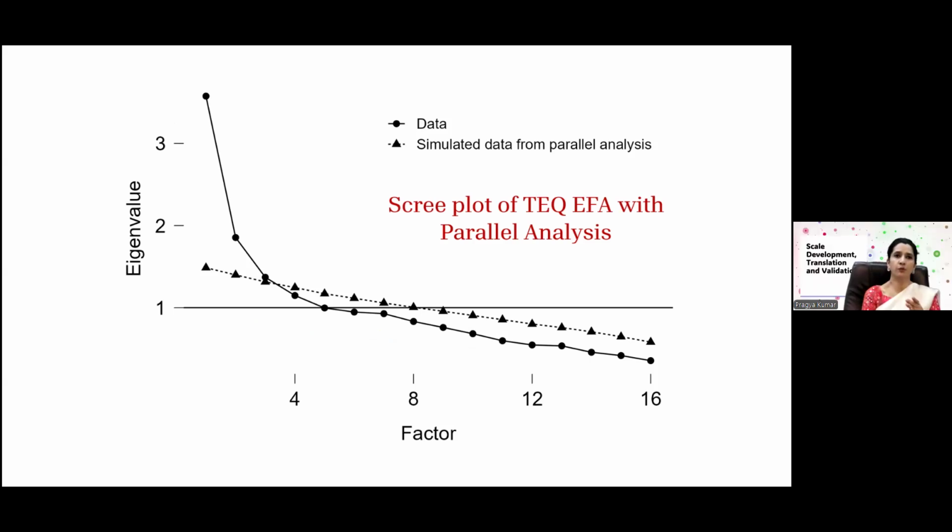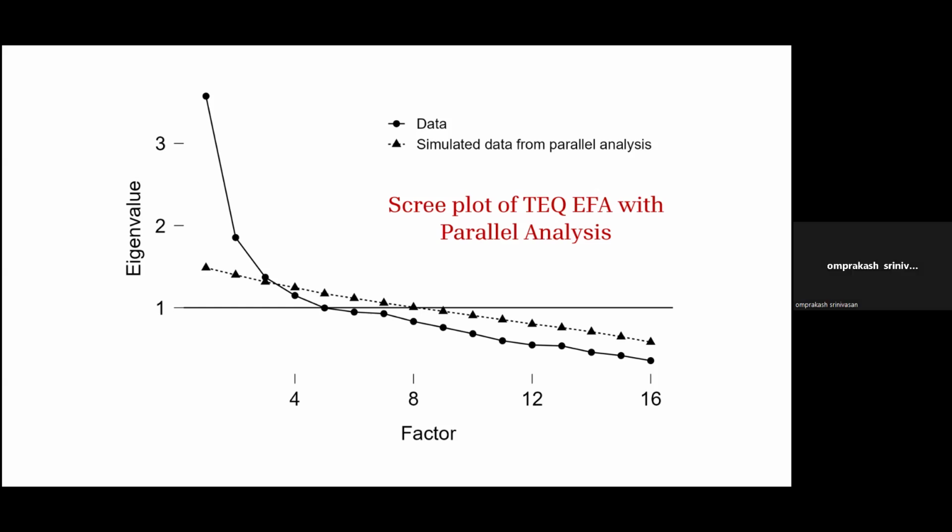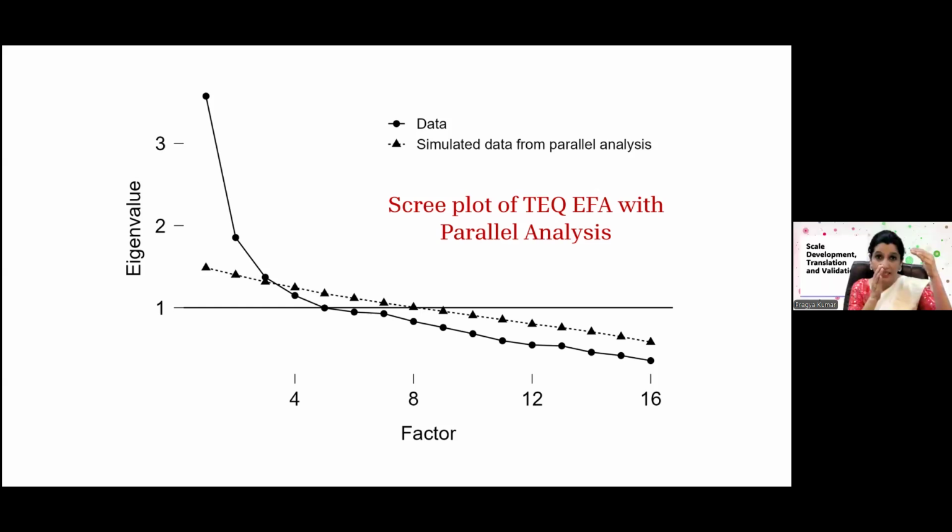Actually, you should not call it a factor. Initially you have thought that there are 16 factors, but you see the initial few factors where the items are, how much variance they are explaining. So basically it takes account of the variance, how much variance in the scale items that latent factor is showing.